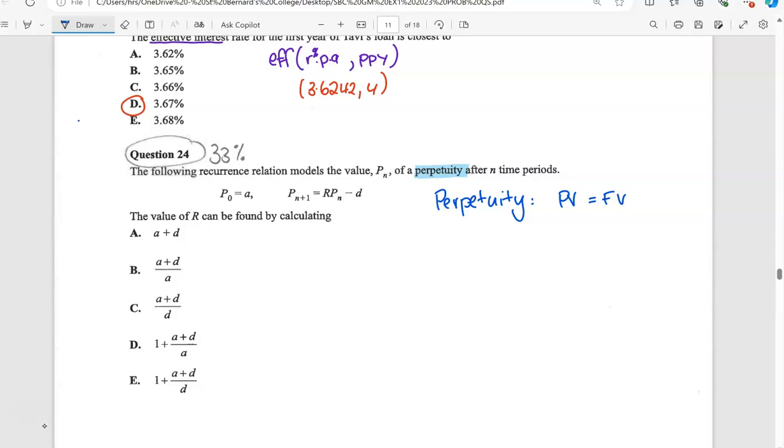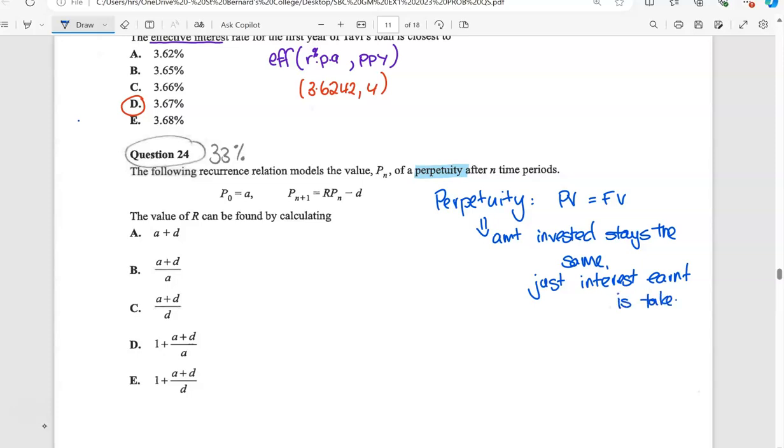In a perpetuity, the amount invested stays the same, and just the interest earned is taken away. So that's the D value, yeah?